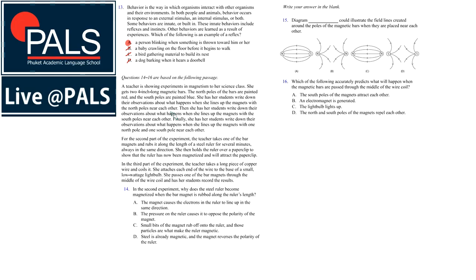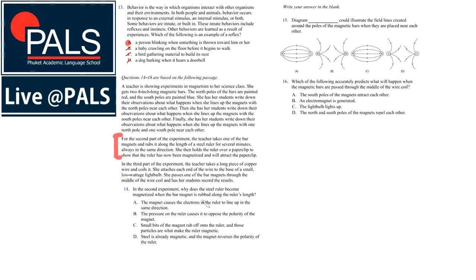In the third part of the experiment, the teacher takes a long piece of copper wire and coils it. She attaches each end of the wire to the base of a small low wattage light bulb. She then passes one of the bar magnets through the middle of the wire coil and has the students record the results.